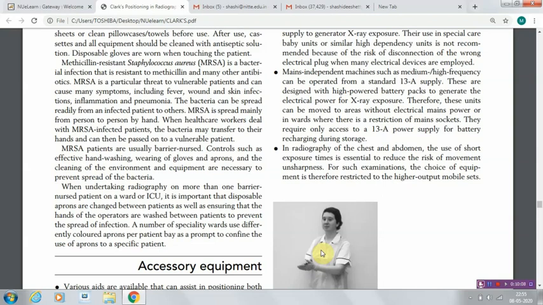Again, the assignment question is: COVID-19 preparedness or COVID-19 protocol to take a portable radiography in the isolation room in the hospital. What precautionary steps should be taken? You can visit our website niti.edu.in.